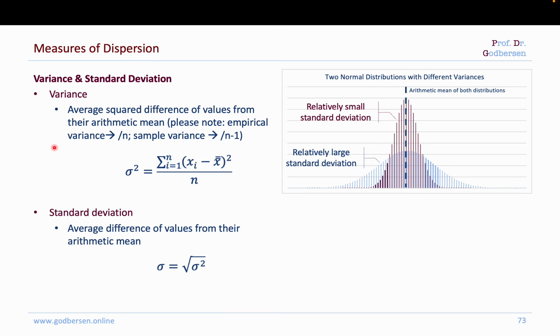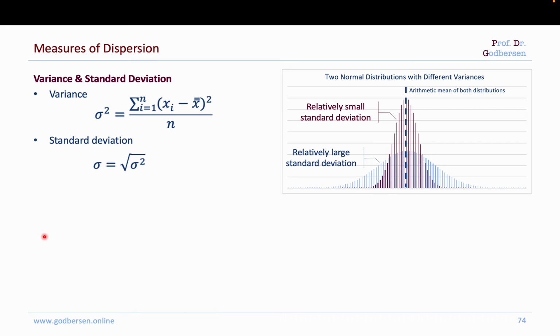Here is the definition, and I will explain both variance and standard deviation in more detail in a moment. The variance is the average squared difference of values from the arithmetic mean, whilst the standard deviation can be understood as the average difference of values from the arithmetic mean.